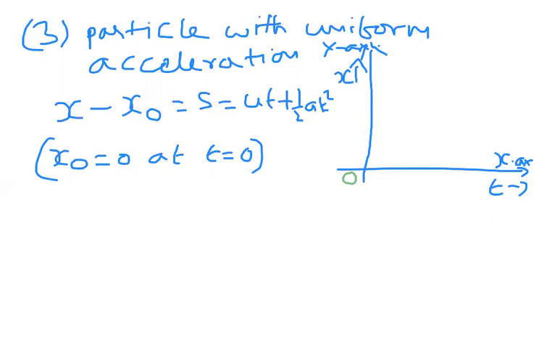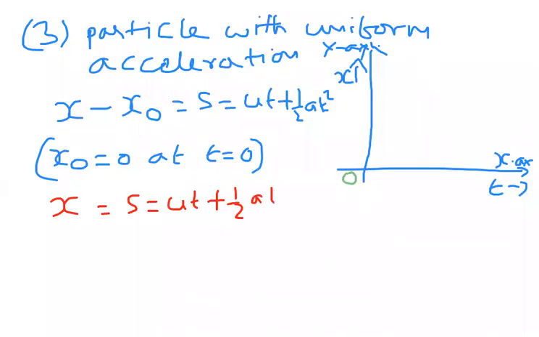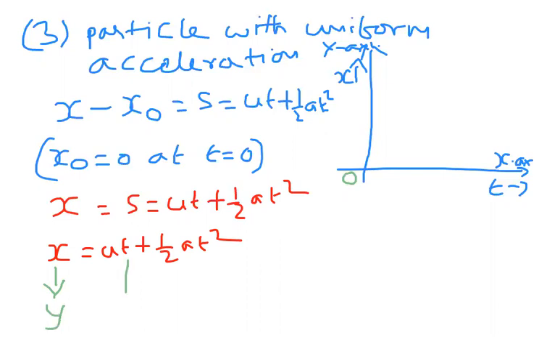Now from this equation I can write x is equal to ut plus half at square. Here x is taken on the y-axis and time is taken on the x-axis.